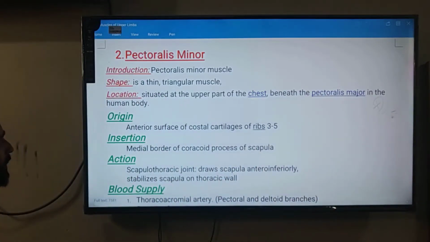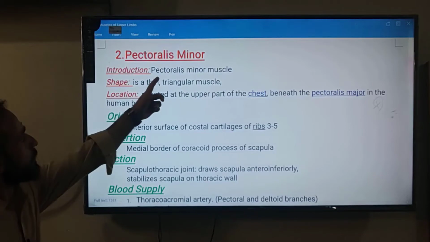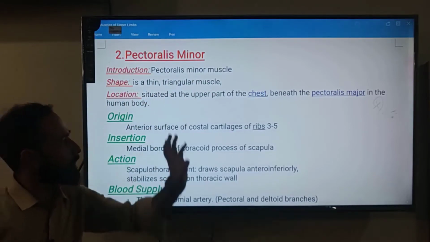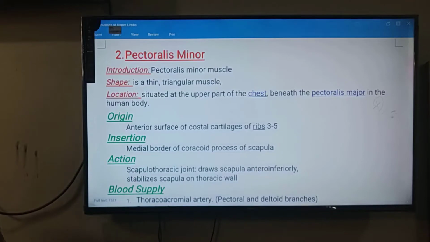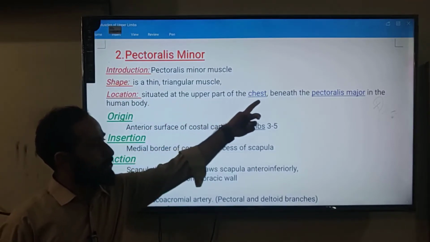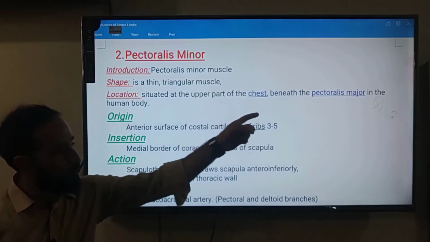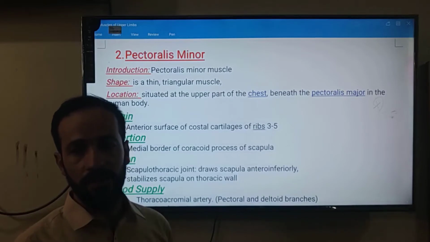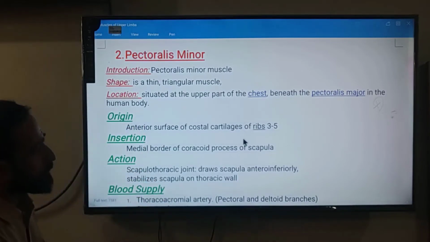Its shape is a thin, triangular muscle, located at the upper part of the chest beneath the pectoralis major muscle. So beneath your pectoralis major muscle there is another pectoral muscle, called the pectoralis minor muscle.